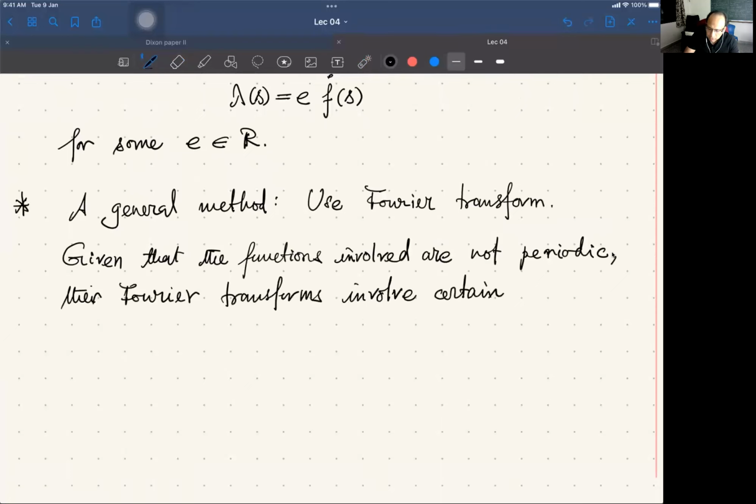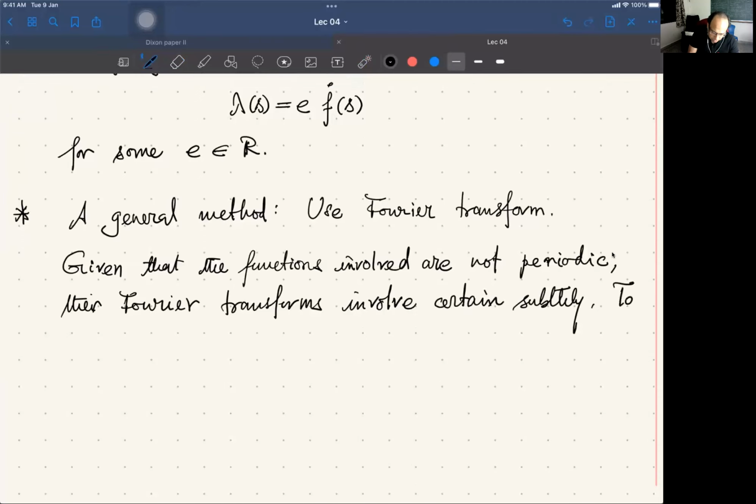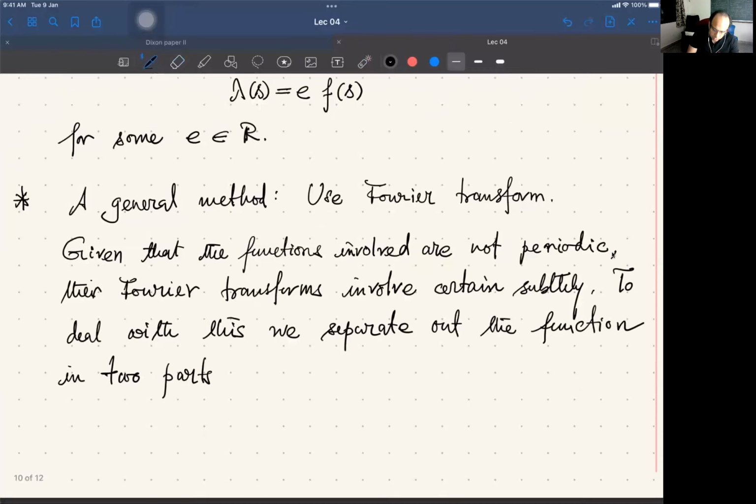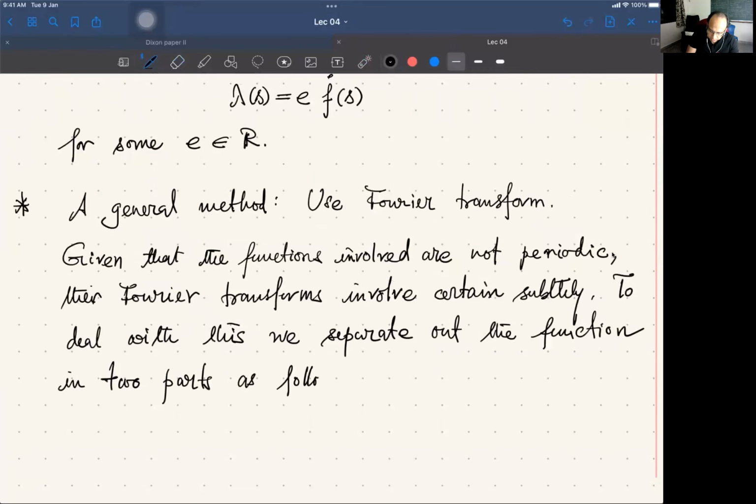I will explain what those subtleties are. To deal with this situation, we separate out the function in two parts as follows.